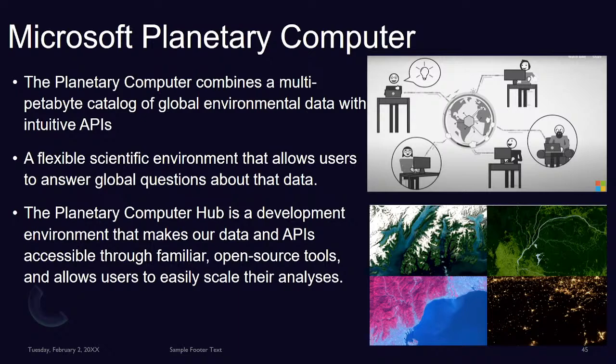Planetary Computer combines a multi-petabyte catalog of global environmental data with intuitive APIs. Actually, Google Earth Engine also offers you APIs in JavaScript or Python. In a similar way, Planetary Computer has a multi-petabyte catalog of global environmental data with intuitive APIs. So the data is available and you can access it using APIs.